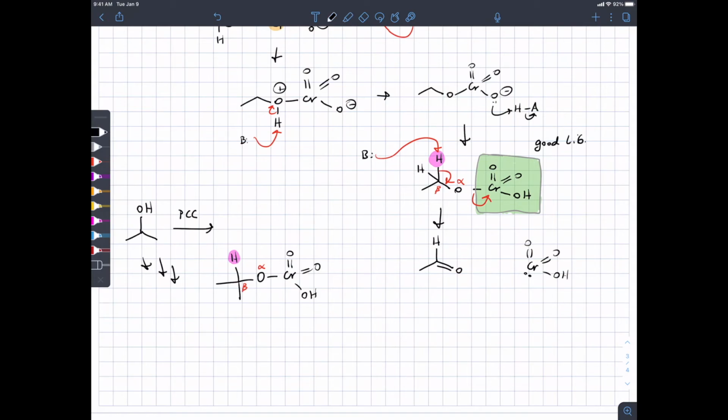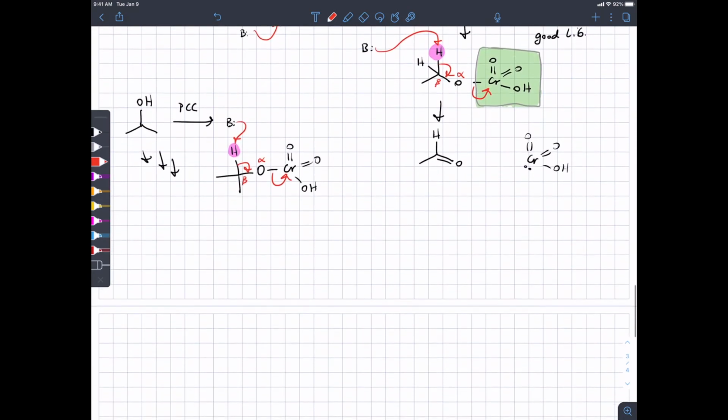Now there's only one beta proton, so when a base removes that proton, and again the base doesn't have to be particularly strong, Cl- is fine, that generates a ketone, and there's no more beta protons there. So you have the ketone as a product. Yes, secondary alcohol leads to ketone product.